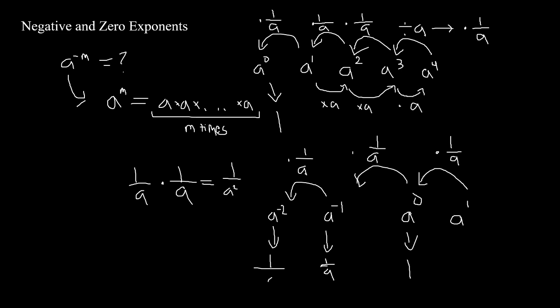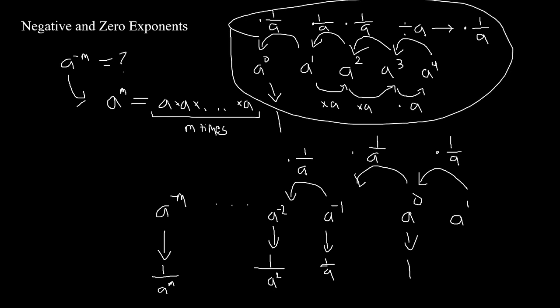So this is equal to 1 over a squared. And then we can just continue the pattern on. Generally, for a to the negative m, this is going to be the same as 1 over a to the m. And this intuition makes sense because of the pattern that we see in the positive exponents.